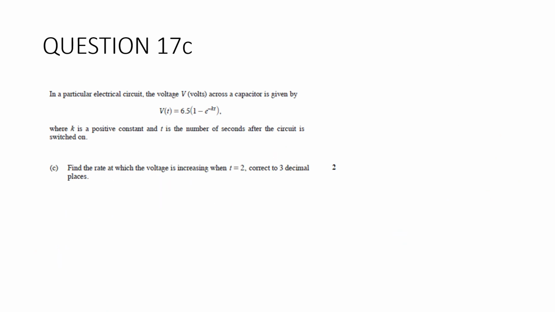Part C. Find the rate at which the voltage is increasing when t is equal to 2, correct to 3 decimal places. Right, so rate means derivative. I'm just going to expand this out to make my life a little bit easier. Minus 6.5 e to the negative k was 0.511 t.